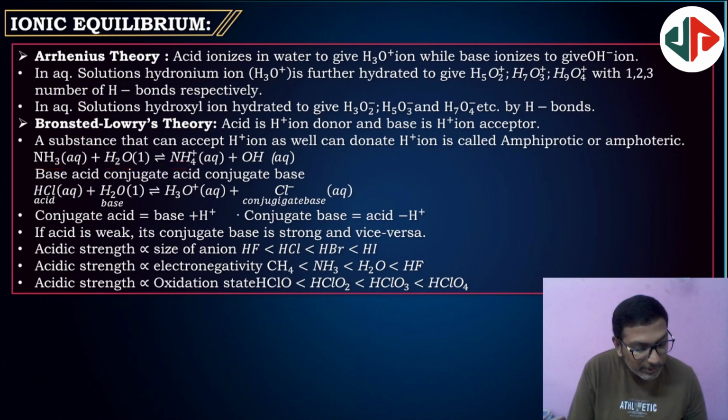So H2O is donating, therefore it will give NH4 plus and OH minus. So H2O is donating proton. Next, take second one, HCl plus H2O. It is accepting proton. Therefore, H2O can act as amphiprotic or amphoteric, that can donate or that can accept proton.